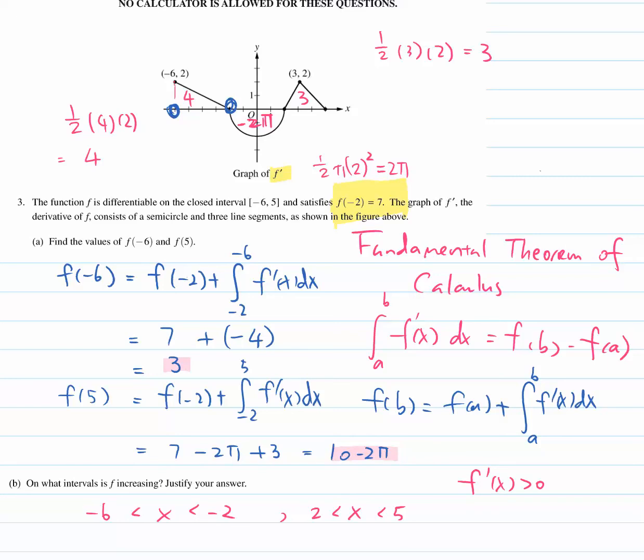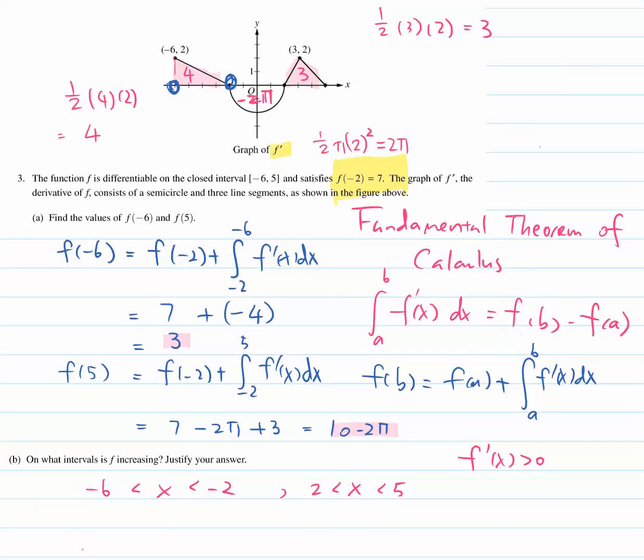These are the areas I shaded in pink. This one and this one, we have f prime of x greater than 0. So now we have to justify our answer, meaning that we need to explain it in words.